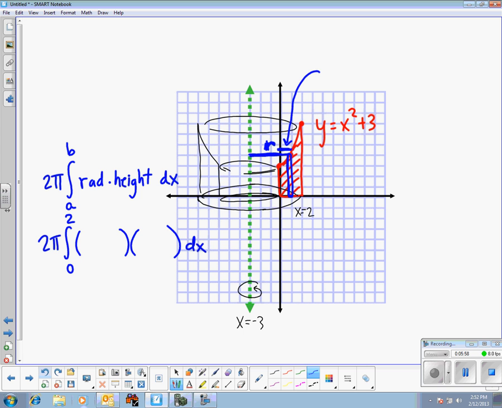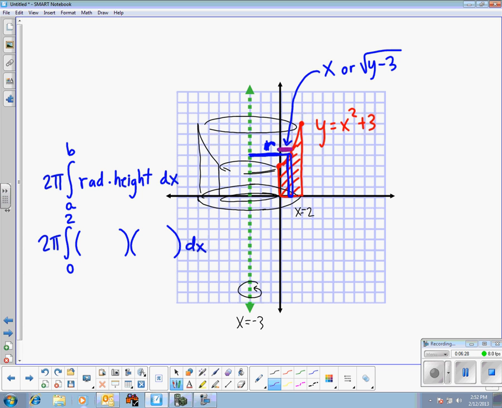We could either call that x, or we could call that what x is equal to in terms of y, which would be, if we were to rearrange this equation, we would subtract 3 and take the square root of y minus 3. So that little piece of area, let me change colors, this little area right here in purple can be called either one of those two things. So which one do I choose? I choose to call that x, because everything's in terms of x.